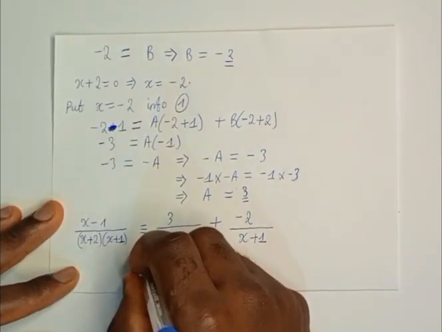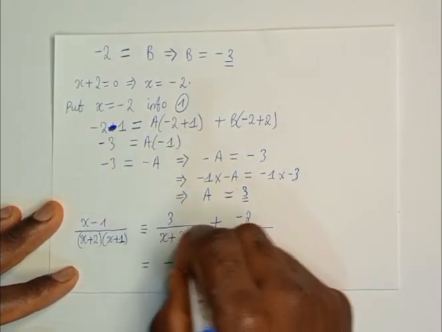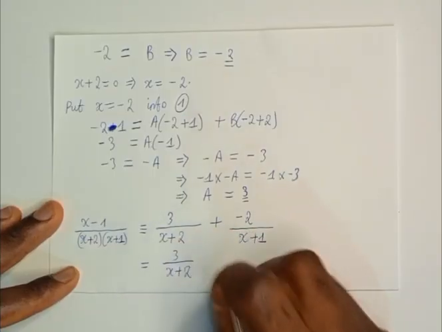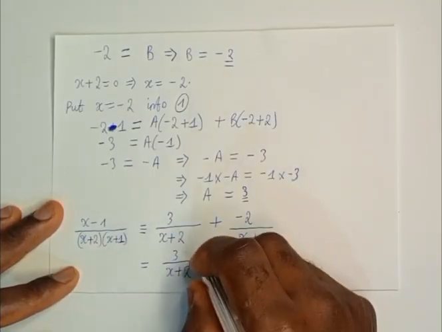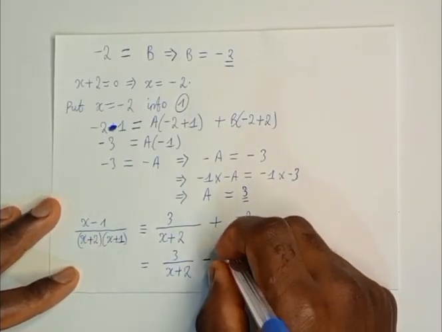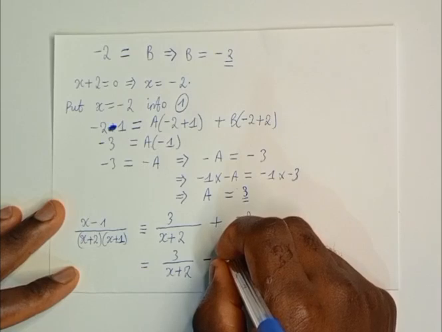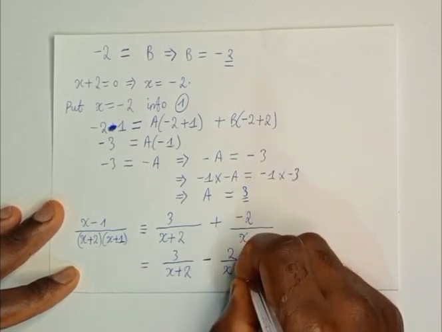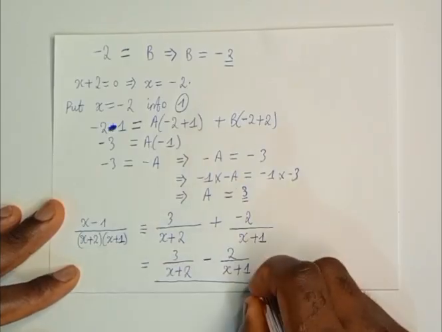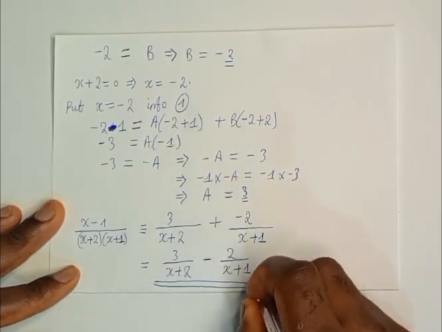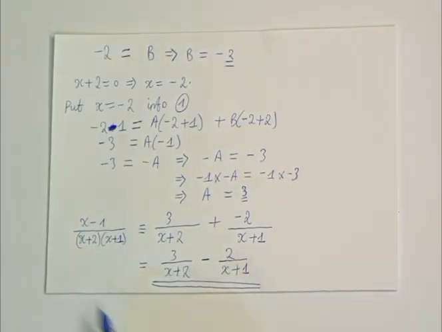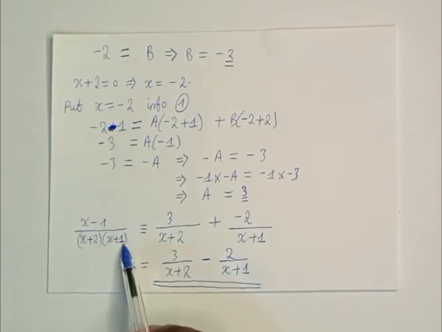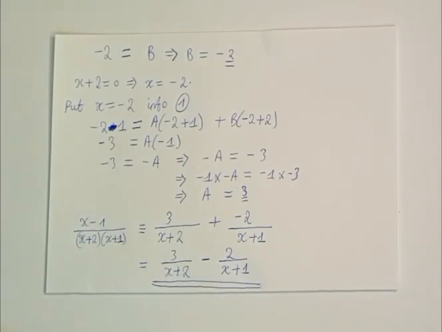This is simply the same as 3 all over (x plus 2), minus 2 on (x plus 1). This is the final answer when we express (x minus 1) all over (x plus 2)(x plus 1) in partial fractions.